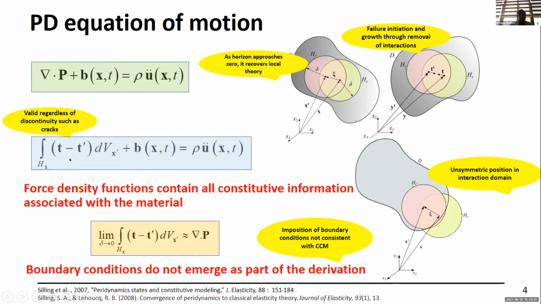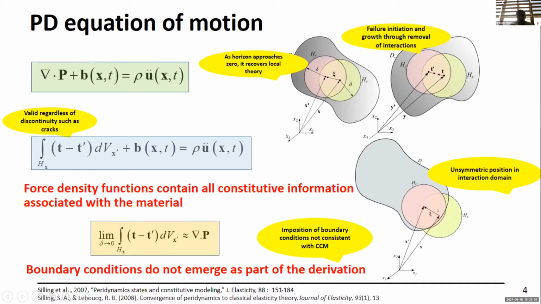And the force density vectors that occur as a result of this deformation are acting on X and X prime. The force density functions contain all of the constitutive information associated with the material, so the constitutive relation comes in through the force density vectors. These equations were derived by Silling for a material point symmetrically located in the domain of interaction.